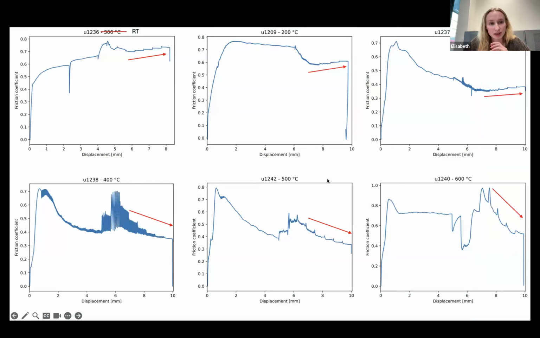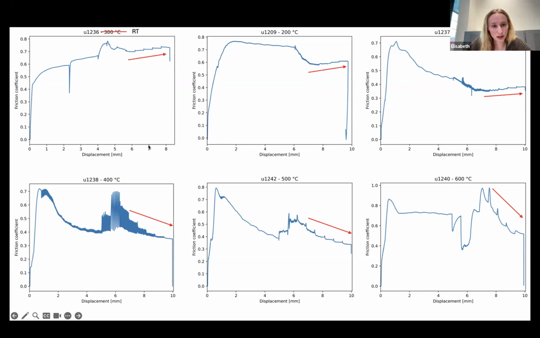Here are 6 of my experiments, which I did with the same velocity protocol, ranging from nanometers per second to micrometers per second at different temperatures. I already indicated the behavior with the red annotations.